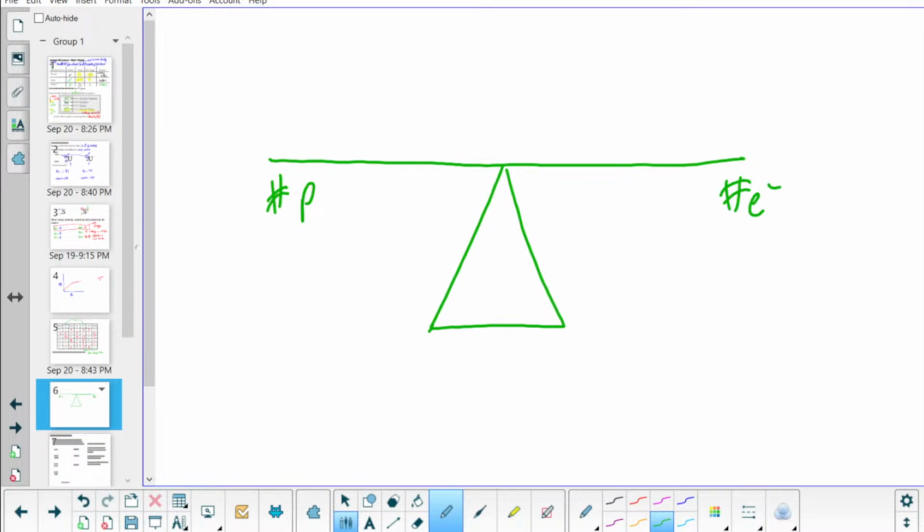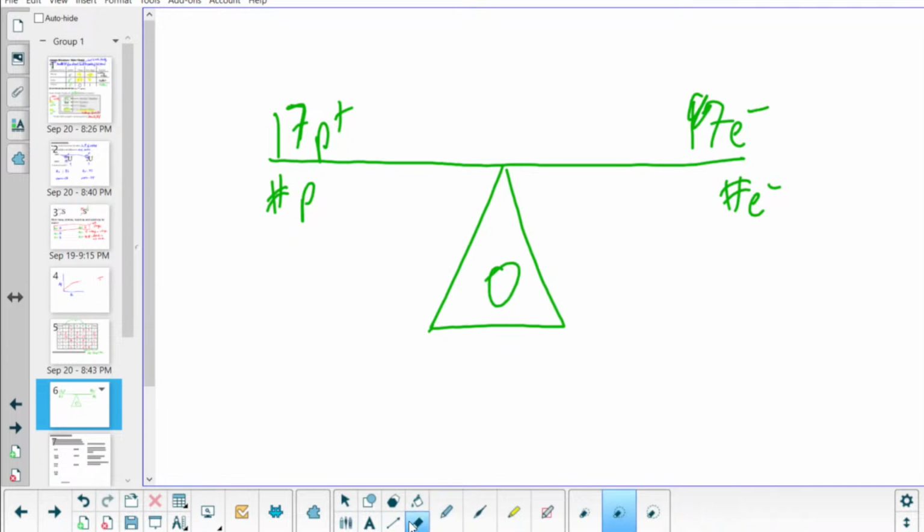And if you had, for example, 17 protons and 17 electrons, then you have a 0 charge. But if you had 20 electrons, what would be the charge? -3.